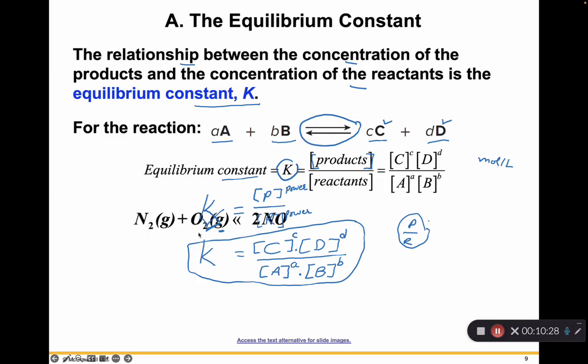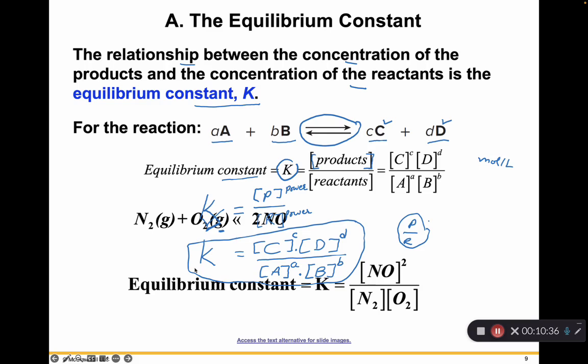We have N2 plus O2 forms NO, and we have a double arrow showing here. If we want to write the equilibrium constant for this reaction, uppercase K is equal to, I have the product NO, nitrogen oxide, raised to the power 2 because my coefficient is 2 there.